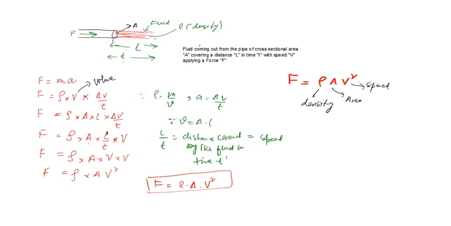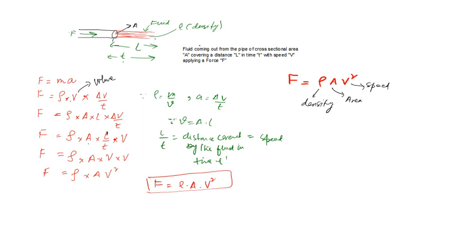And we switch this mass with density times volume, and the acceleration is the rate of change of velocity. So volume is transformed into cross-section area times L, density times cross-section area times L. If you just move this t to this, it is L over t, and L over t is again velocity.